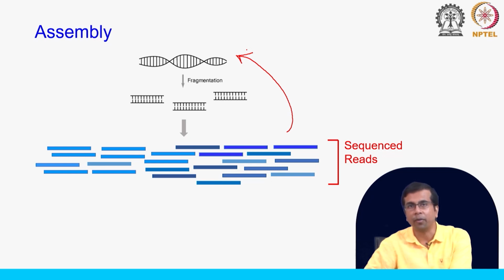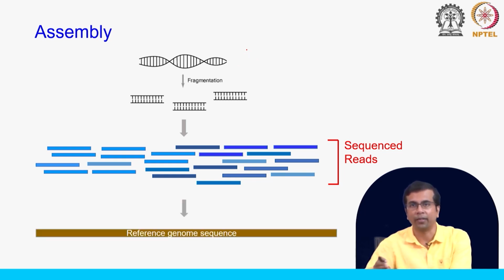We have no idea about the sequence of the DNA that we started with, and we want to generate that sequence, the order of these sequences. Each read probably will have some unique sequence, and we have to figure out how they occur in the genome. So, we have to order them and then find out the full genome sequence.